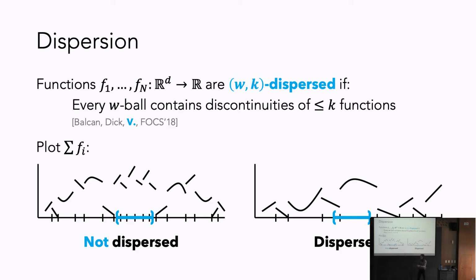Whereas if for every interval, not too many discontinuities fall within that interval, then they are dispersed. So that's dispersion at a high level. So it's still dispersed even if there are a lot of discontinuities, but all those discontinuities are from a single function? Yep.